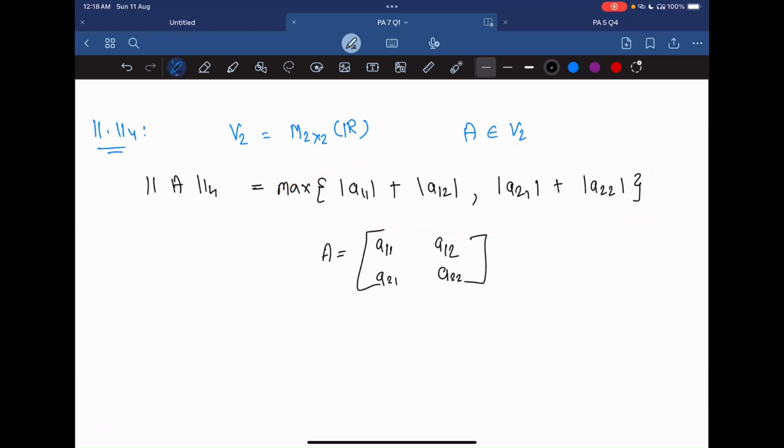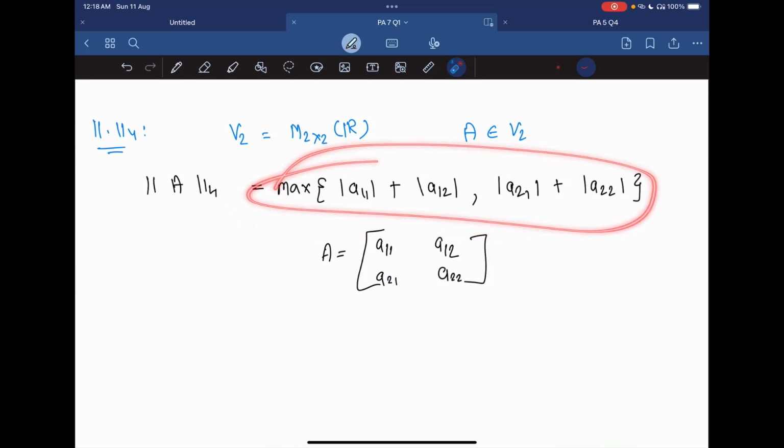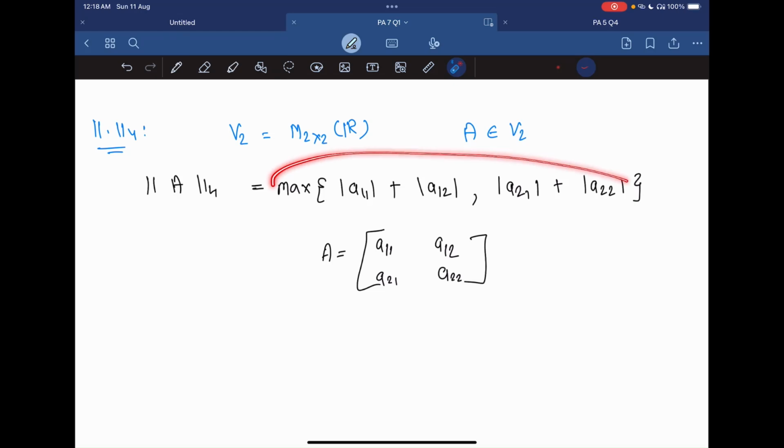Let's check the first property: this should be greater than or equal to 0, and should only be 0 when our matrix is the 0 matrix. All of these are absolute values, so this quantity will always be greater than or equal to 0. As we are summing positive quantities, this would only be 0 when all these values are 0.